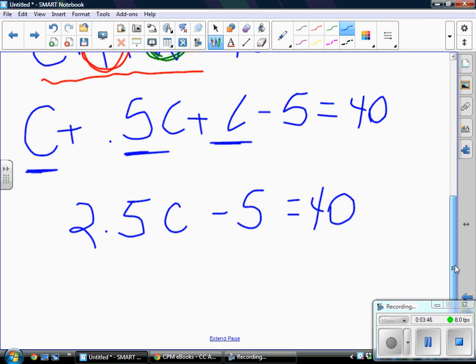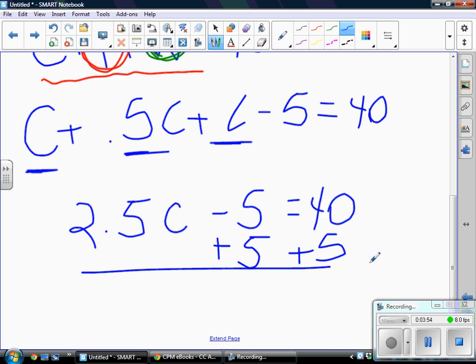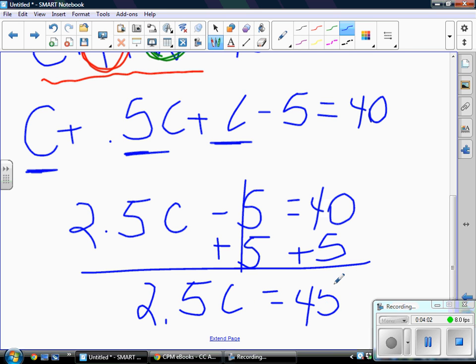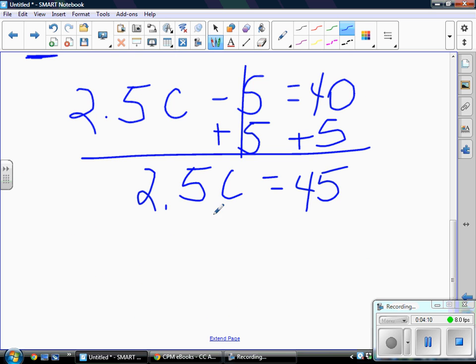Okay, so if I add my 5 from this side to this side as well, now I'm left with 2.5 C equals 45. Now I'm going to divide 45 by 2.5 to get C by itself.